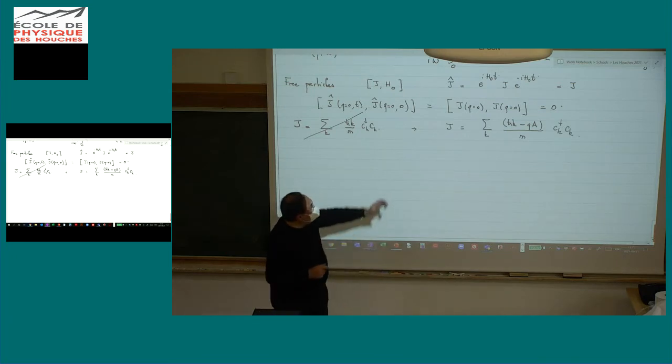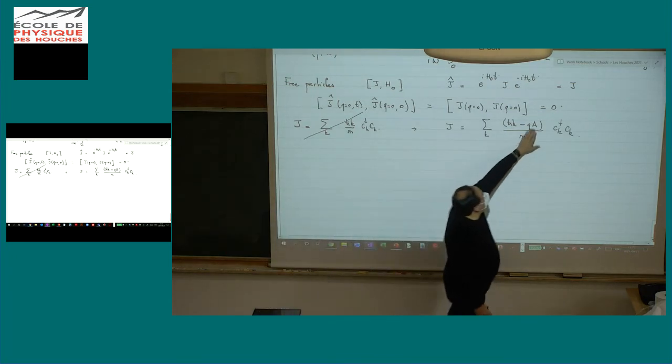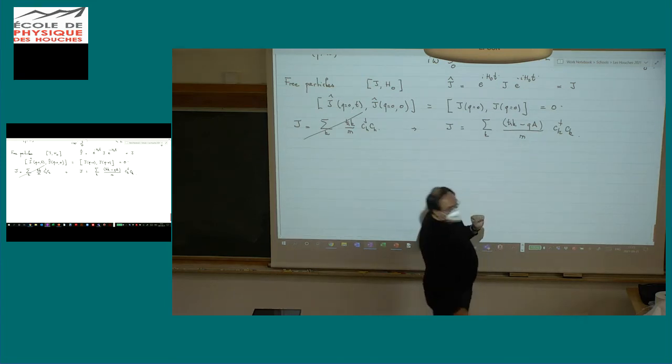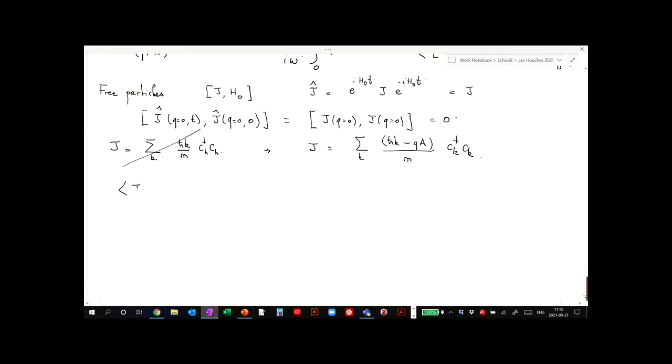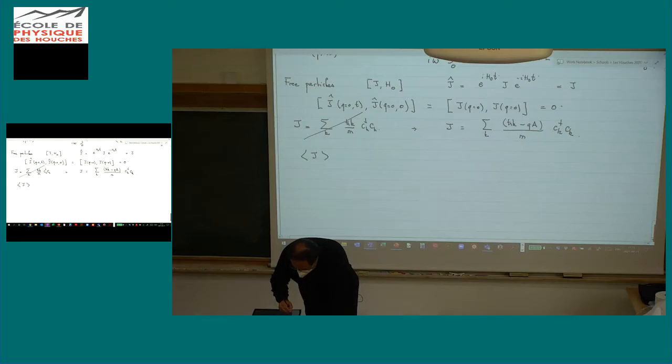So you see that this term, coming from the vector potential, is still there, and it's modifying the current operator. So now when I compute my average J, I have two terms. I have a term which I will call J tilde, which is the one we wrote before, and I have a term which is minus qA over m, sum over k, of the average of c dagger k c k.